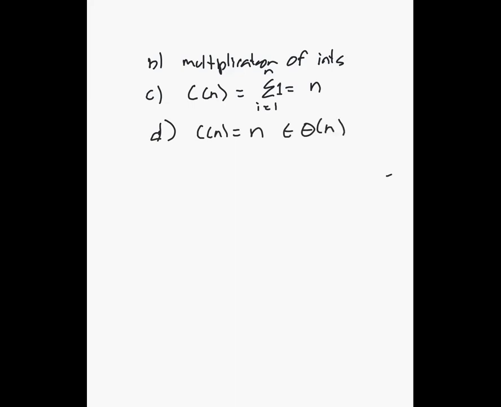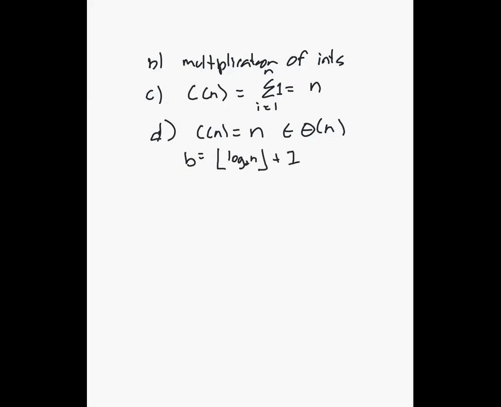But the size metric here on the number is going to be the bits of n, so how big n is. The bits b for n in binary is going to be the ceiling of log 2 of n plus 1.